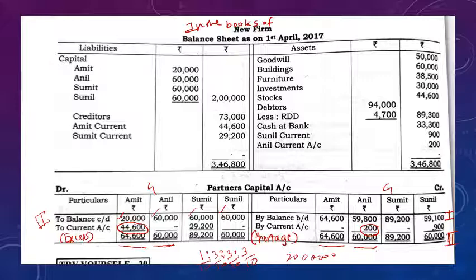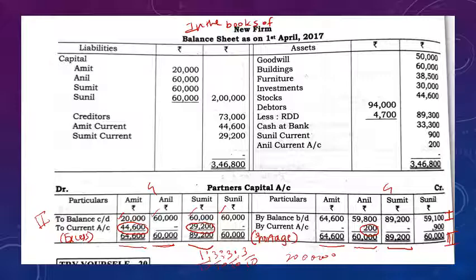Then current assets, stock total of both the firms came at 44,600. Debtors, again we have written here the gross values, and RDD is deducted of both the firms, that was 1,600 and 3,100, right? So total is 4,700, and after deducting this RDD from these debtors gross value, we got net debtors of 89,300.